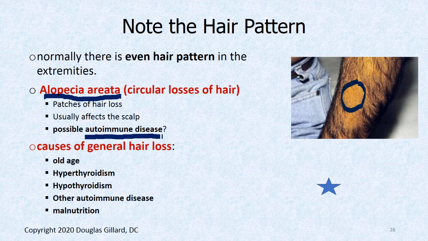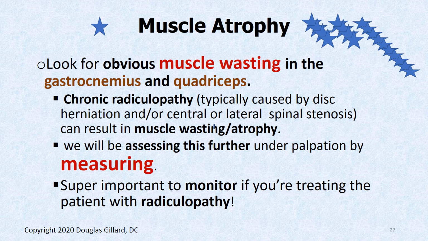They think it's probably autoimmune related, but there are other causes of general hair loss: hyperthyroidism, hypothyroidism, autoimmune diseases. But these crop circles, they're not exactly sure. And you can see them in guys, can have them in their beard. You can have them in your head. They're really common. And I have YouTube videos on those too, but we'll talk about in 7th quarter.